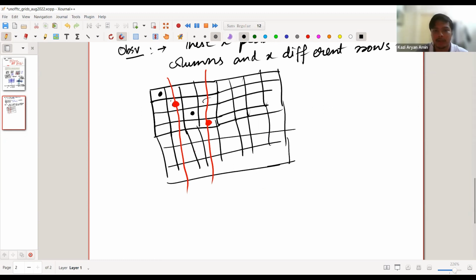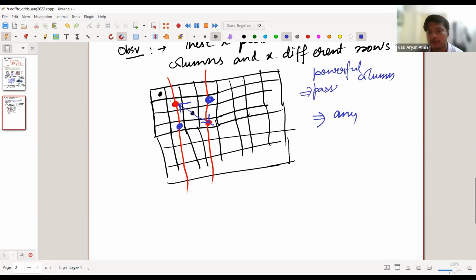You take the pebble set of this one, I'll use a different color, and the pebble set of this one. They again have the same pebble set, so this gives you a contradiction. So I'll just define powerful column: a column that passes through a pebble of a good row.